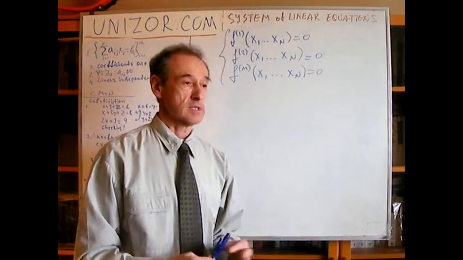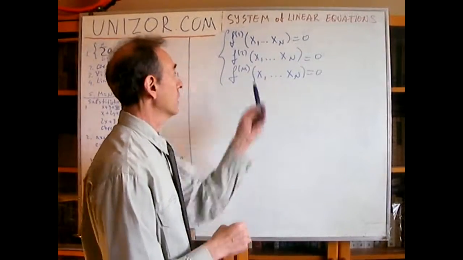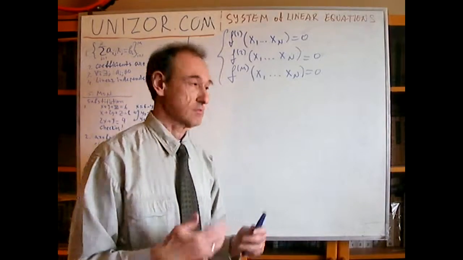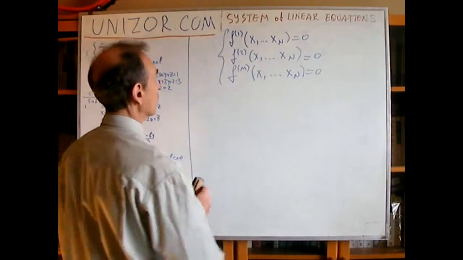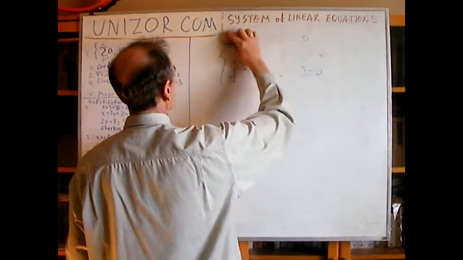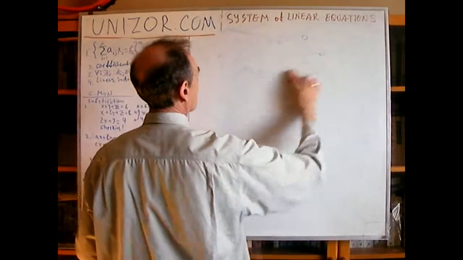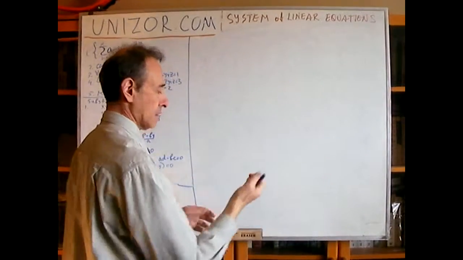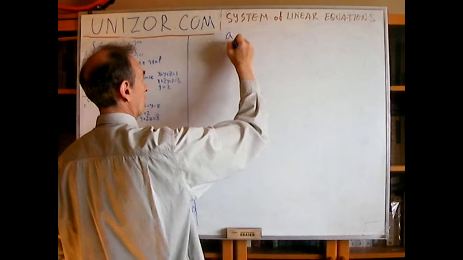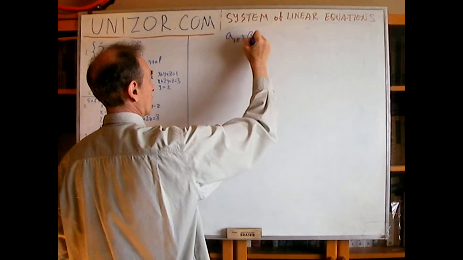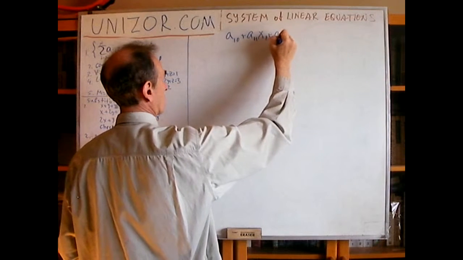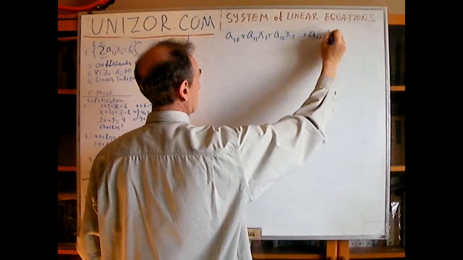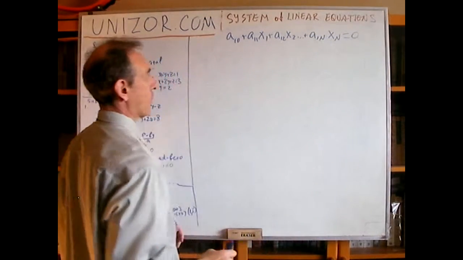Now, what is a system of linear equations? Obviously, each one of these should be a linear function of the unknowns. Again, the generalized format is the following. So that's the first equation.